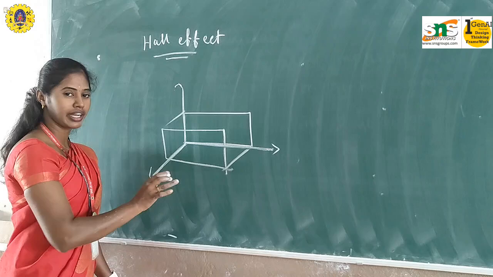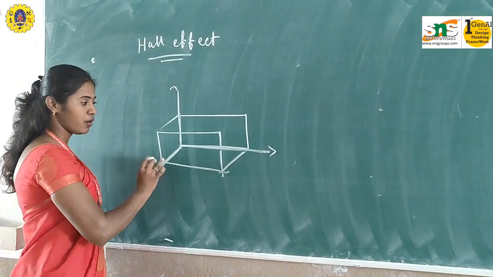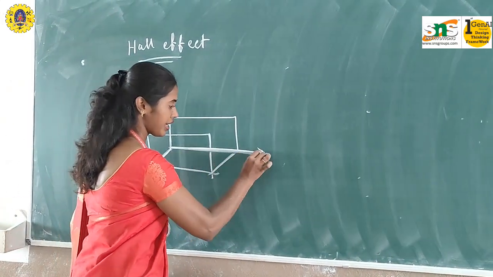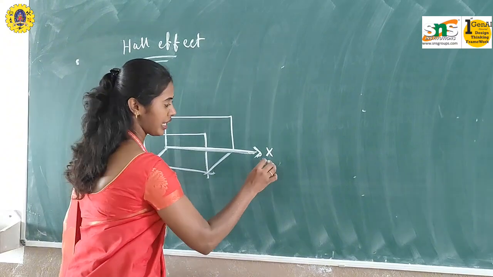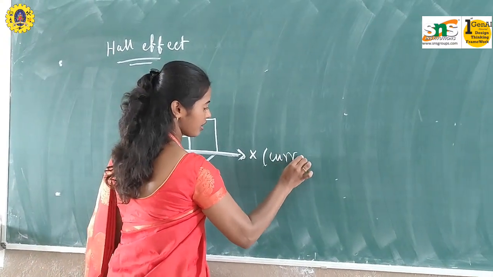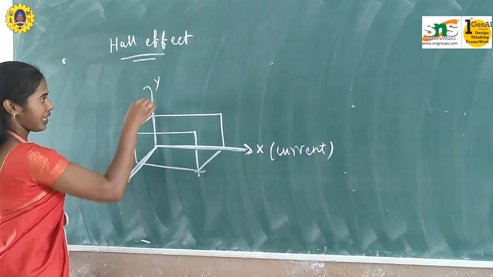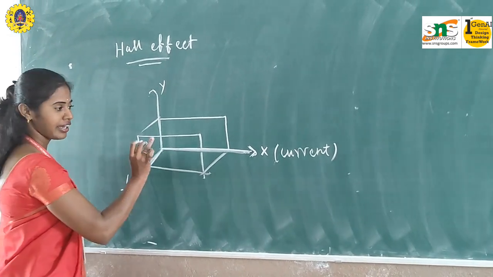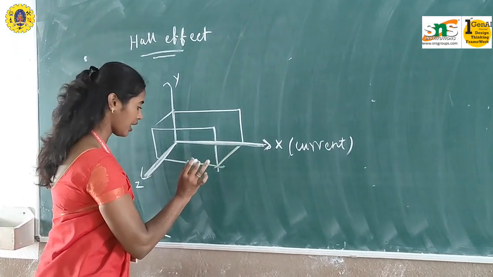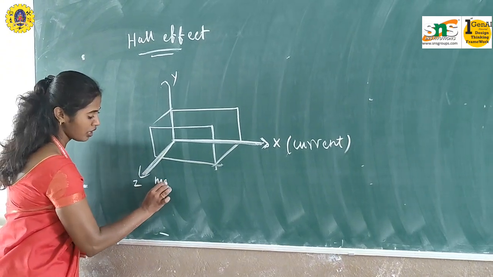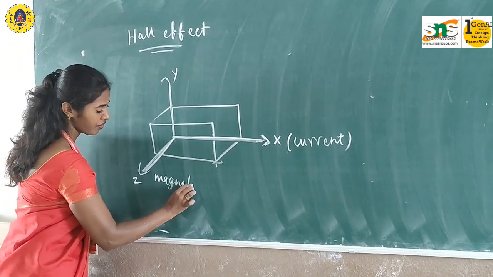We have three different dimensions. Now current is applied in the X direction. This is the Y direction, and this one is the Z direction. In the X direction we have applied current, and in the Z direction we have applied magnetic field.